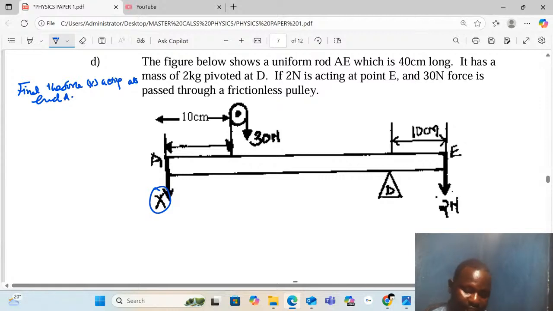The first thing is we need to establish where the weight will be acting. At the center of the rod, we expect to have the weight.